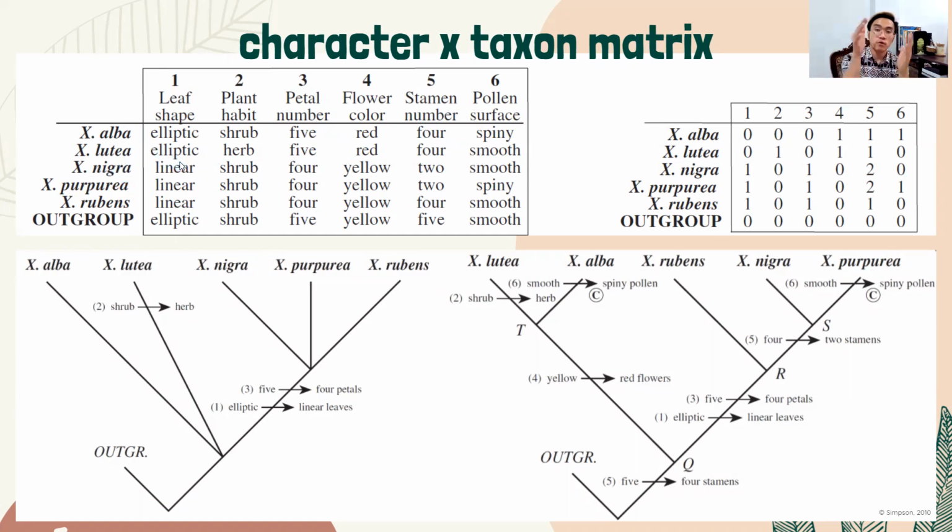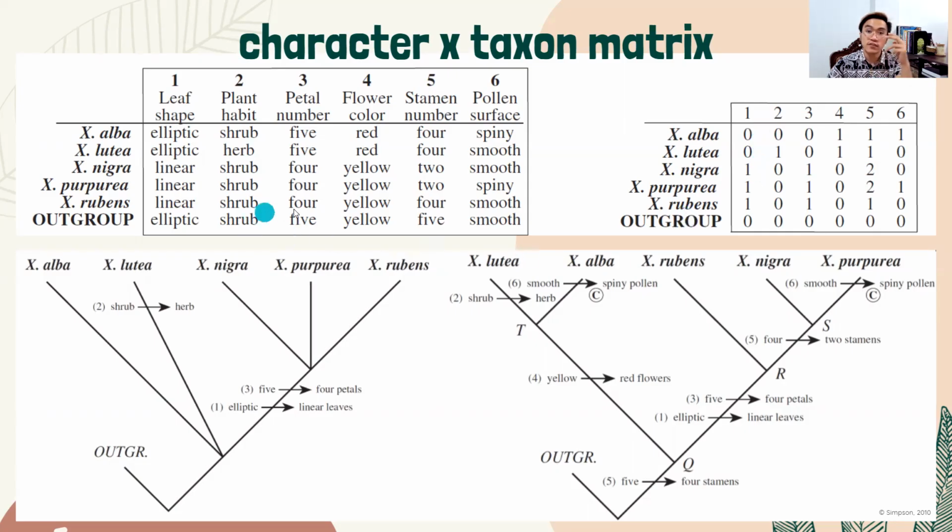But remember, before we can make them a tree, we need to make sure that they're coded first. So instead of putting these names, we simplify the matrix into this form, wherein the leaf shape, for example, is represented by character number 1.